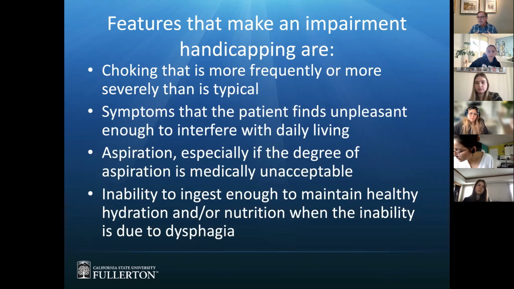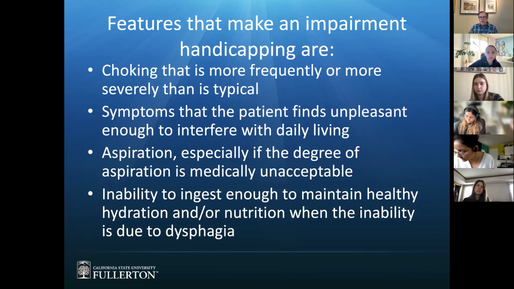Has anyone ever had the Heimlich maneuver in this class? Yeah, so that objective fact would be enough that I would say that's the impairment that causes that choking that we would identify on a modified barium swallow or a FEES. That impairment is handicapping, because you shouldn't be choking and getting a Heimlich maneuver. Maybe once, I don't know, but not many times.